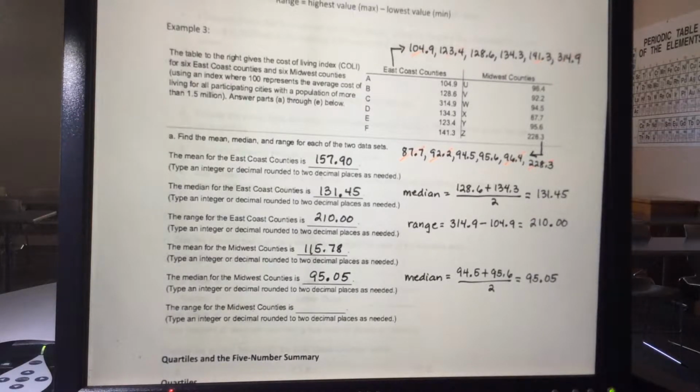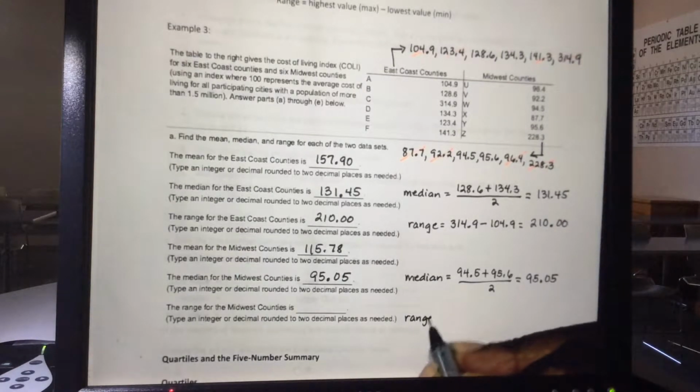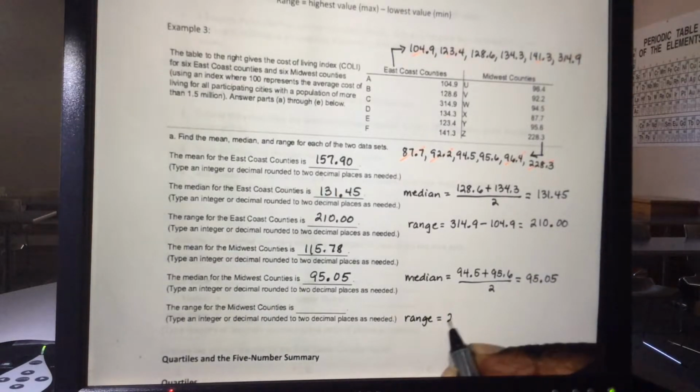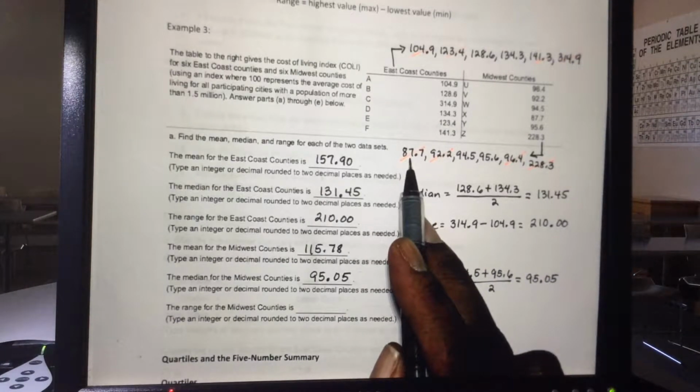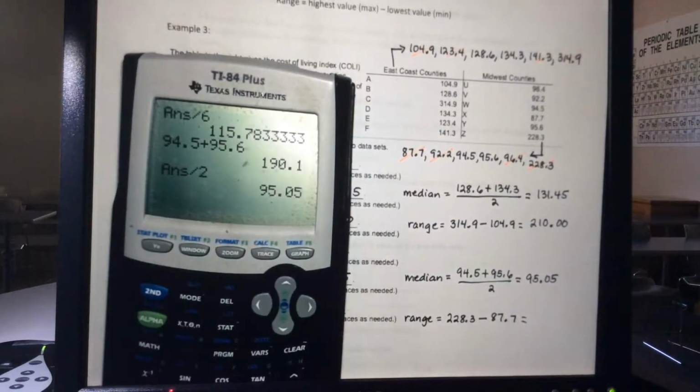And then the range of the Midwest counties. If we're finding the range, we take the largest data value of 228.3 minus the smallest, the lowest data value of 87.7. And we're going to carry that out to 2 decimal places as well. 228.3 minus 87.7.